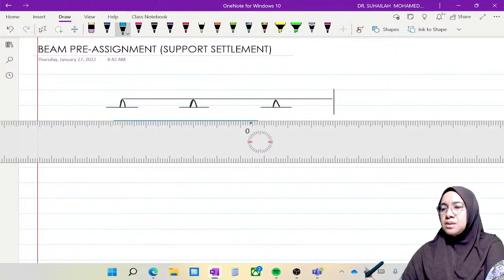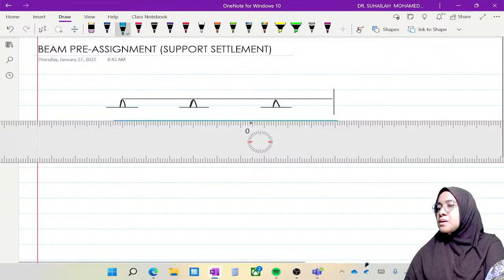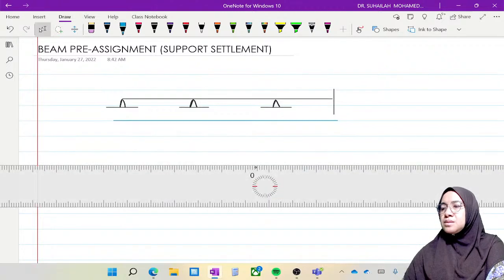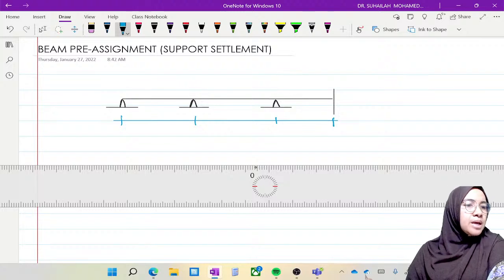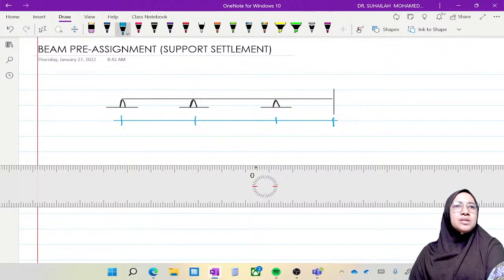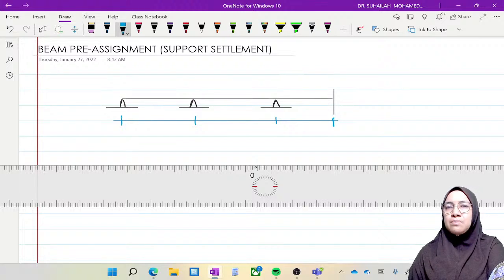This is the distance between A to B, B to C, and C to D. If you have any question, you can write it in the chat box.